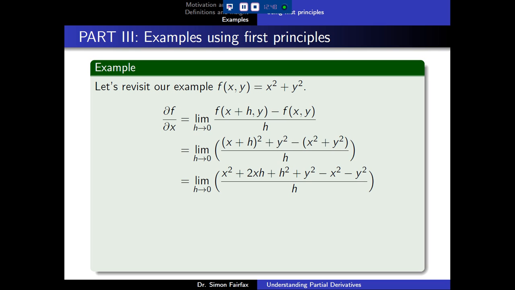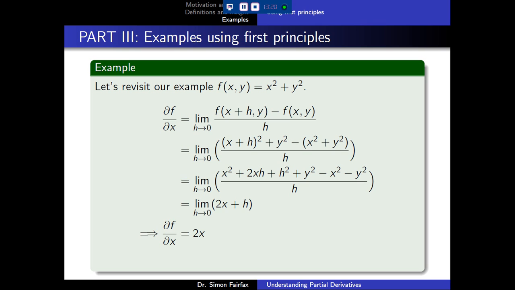We have h in the 2xh and in the h squared, they're going to cancel with the h on the bottom. So what we're left with is 2x plus h as h goes to 0. So the partial derivative of f with respect to x for this function is 2x. Okay, great. So there's our first example. Does it make sense? Well, we'll see that in a moment.